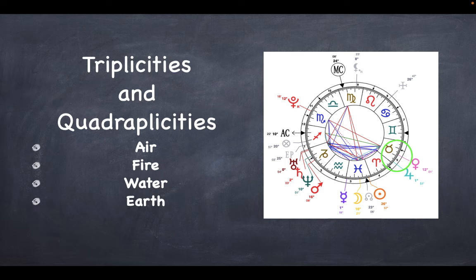We can see Mercury is in Pisces, so it's in the triplicity of Water. We see Venus in the triplicity of Earth. And Mercury would be in the quadruplicity of the mutable signs. Again, mutable being Sagittarius, Pisces, Gemini, and Virgo.